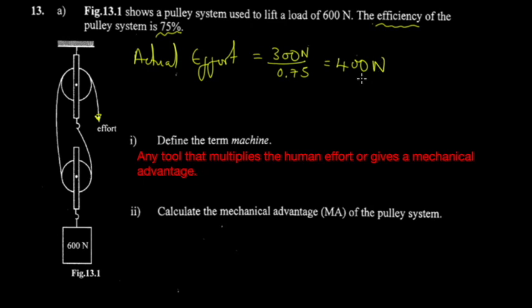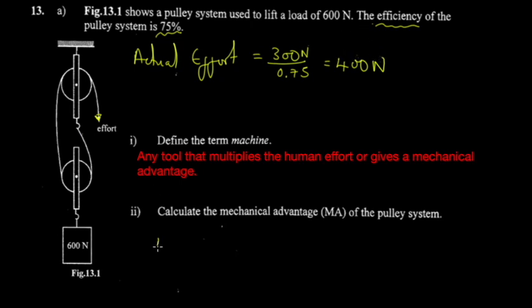So just to recap, this is 600. We have a mechanical advantage of 2, so the tension here would be 300. But it's not actually 300 because we have this factor here, which is the efficiency. So we have to divide by the efficiency to find the actual effort. So the actual effort is 400.